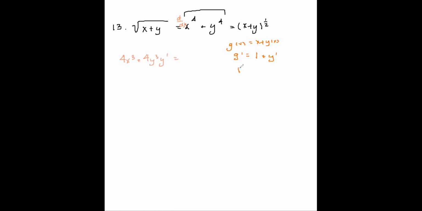Okay, then I'm going to say that this is going to be f of g, is going to be g to the 1/2. So f prime of g is going to be 1/2 g to the negative 1/2. Okay, that looks good to me. So I am going to put it in, meaning it is going to be 1/2.